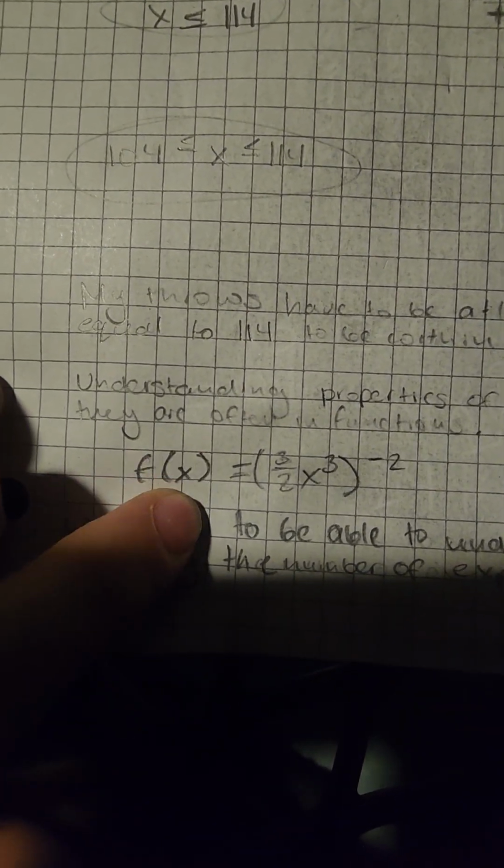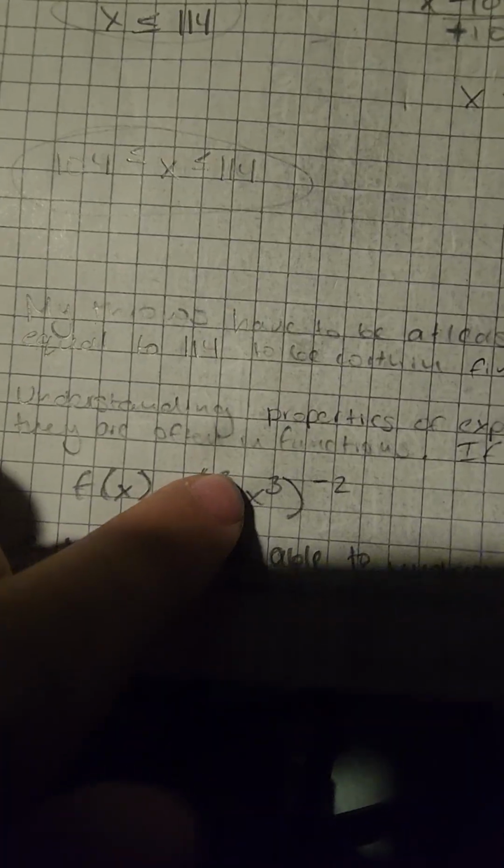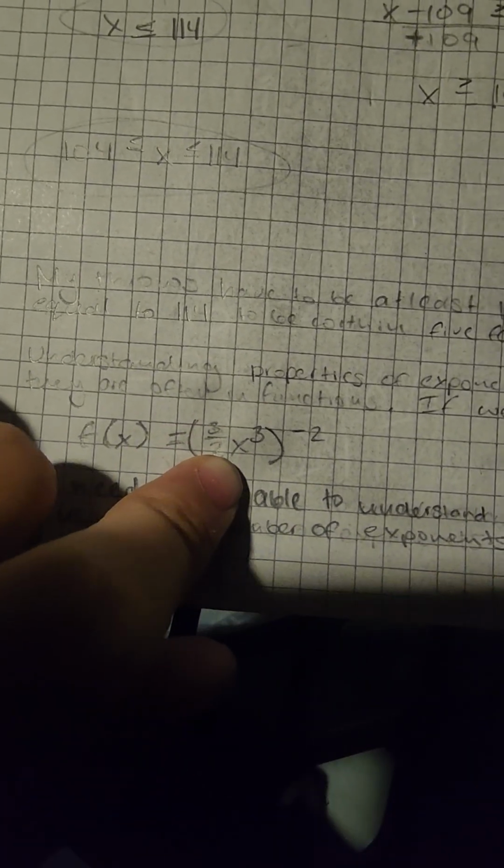So we have f(x) equals (3 over 2x) to the power of 3, to the power of -2. We need to understand this function better by using the properties of exponents.